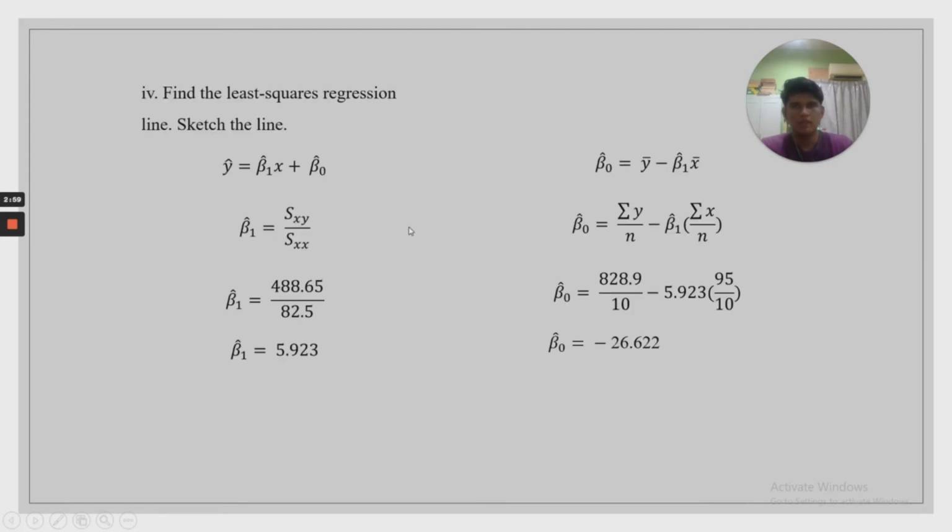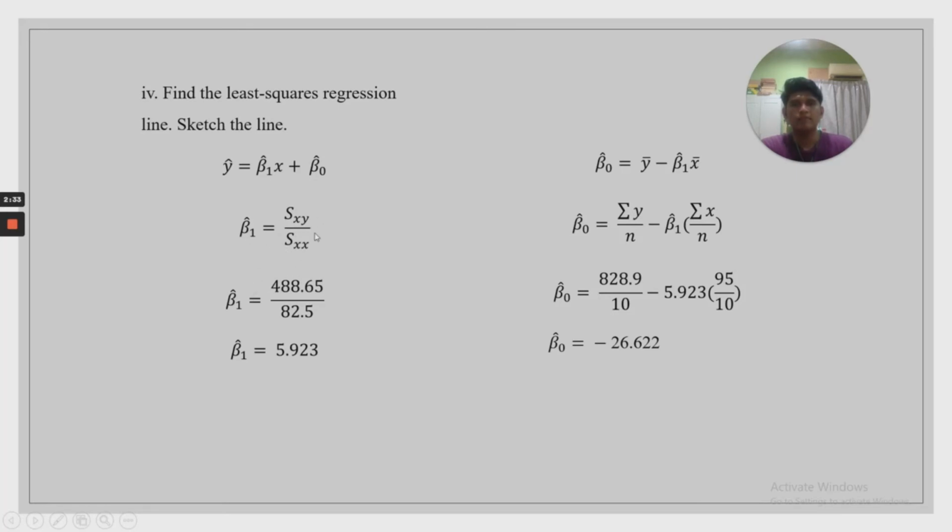The next question is find the least square regression line and sketch the line. The formula for the least square regression line is y hat equal to beta hat 1 x plus beta hat 0. So you need to find beta hat 1 and beta hat 0. Beta hat 1 is equal to Sxy divided by Sxx.